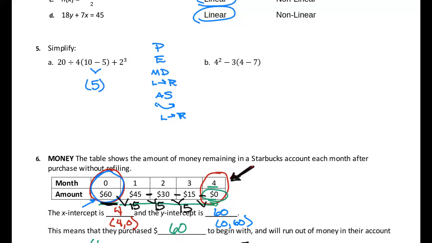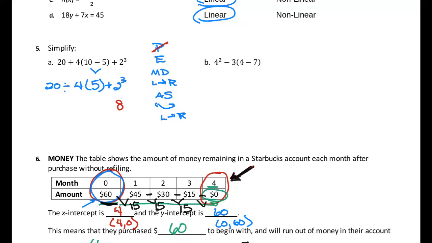Leave it in the parentheses. Everything else, write exactly as it is. Only do one step at a time. Do I have anything else where I can do in the parentheses? No. Do I have an exponent? What is 2 to the 3rd power? 8. 2 times 2 times 2.